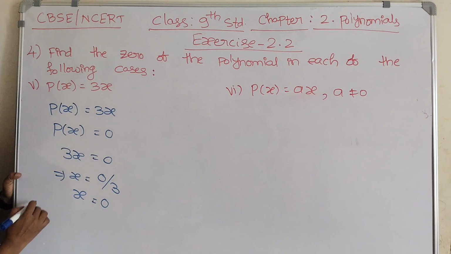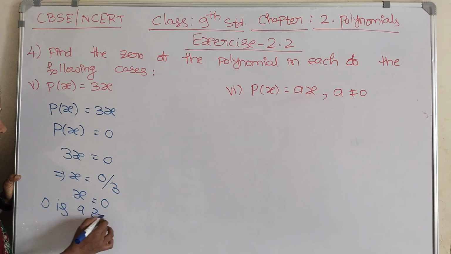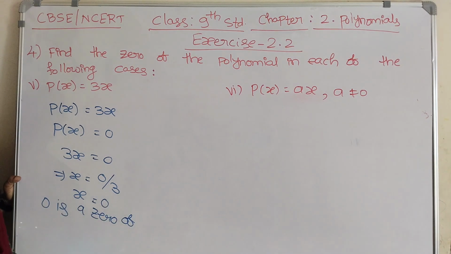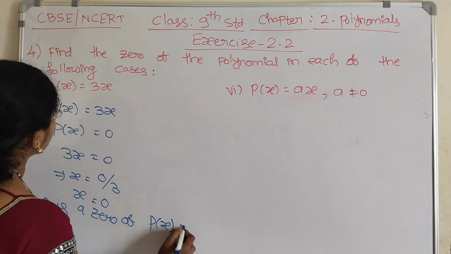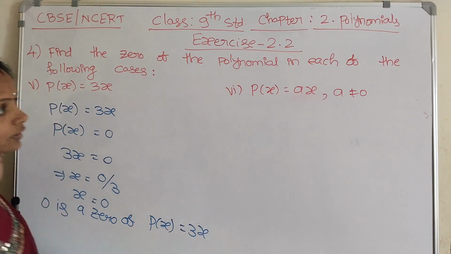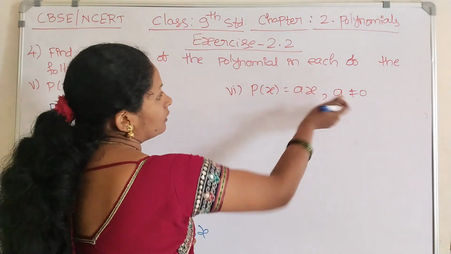So we can say that 0 is a zero of p of x equals 3x. Here also we will get the same type of answer.